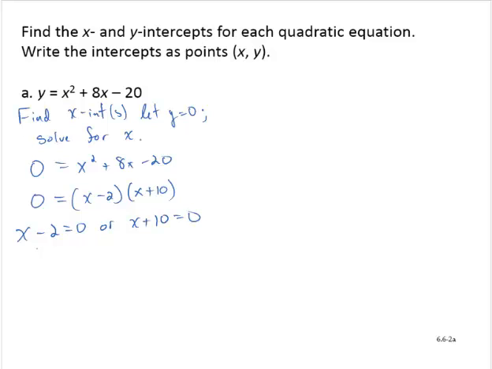And solving for x in each of these equations, I'll add 2 both sides in the first equation. I'll subtract 10 from both sides on the second equation, yielding x equals 2 and x equals negative 10. So our x-intercepts then are 2, 0 and negative 10, 0.